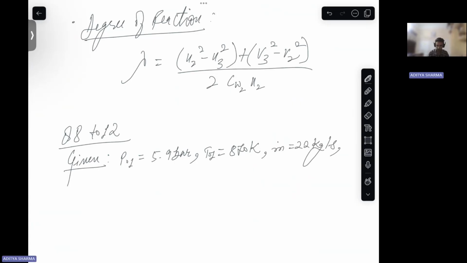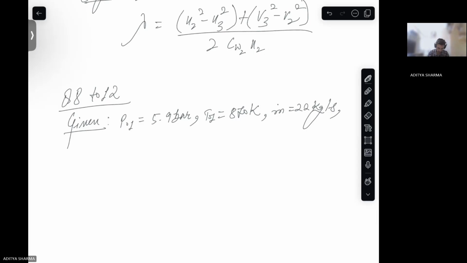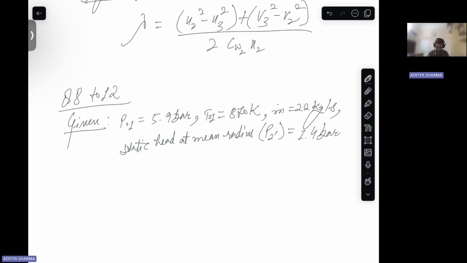Mass flow rate is 22 kg per second. Then static pressure at mean radius is 1.4 bar.